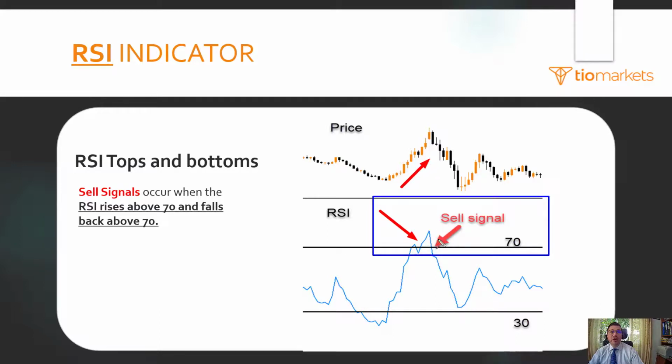It's only when the RSI penetrates back below 70 that we get our sell signal. That is compelling evidence for the RSI. So sell signals occur when RSI rises above 70 and falls back below 70.